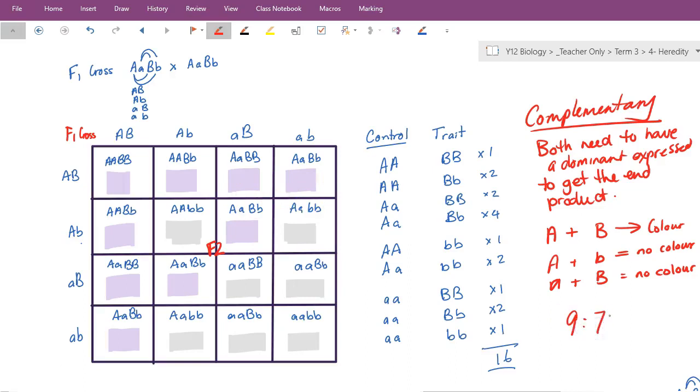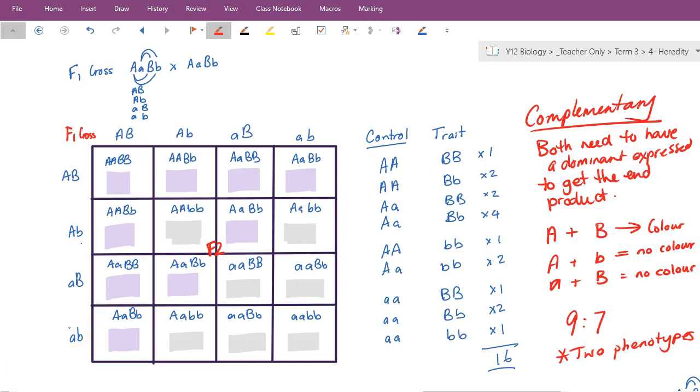So as soon as you see these sort of ratios happening here, and also note that there are only two phenotypes, that's when you start to see that, oh, with that sort of ratio, if you get that from an F1 cross, your F2 generation has a ratio of 9:7, that's how you determine that it's a complementary relationship.